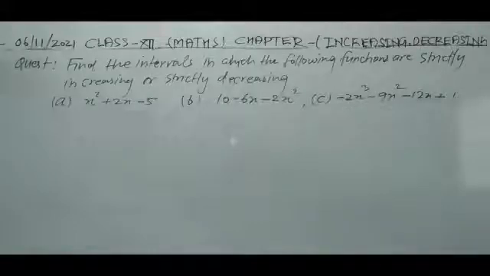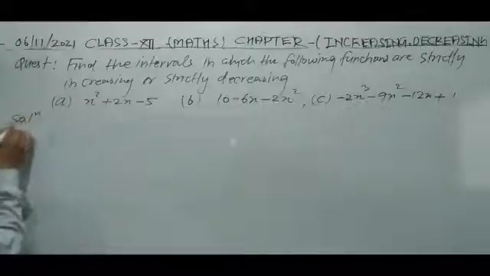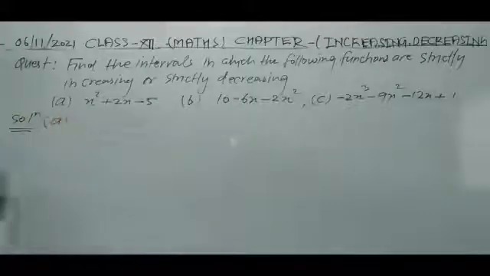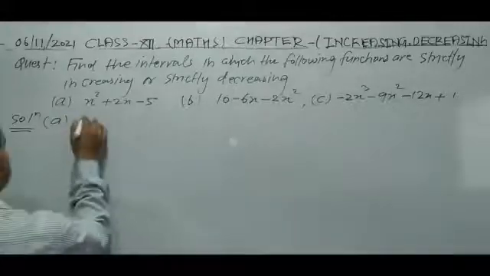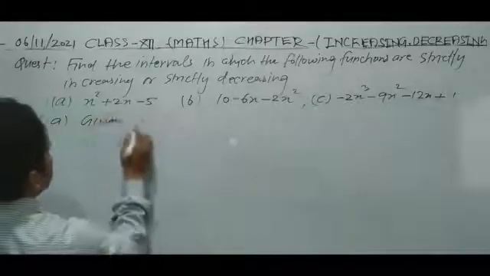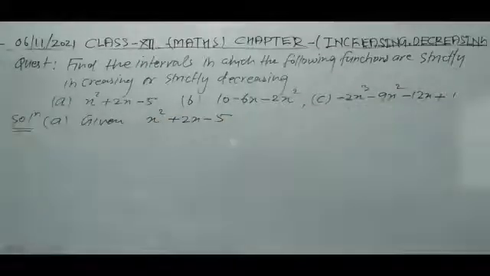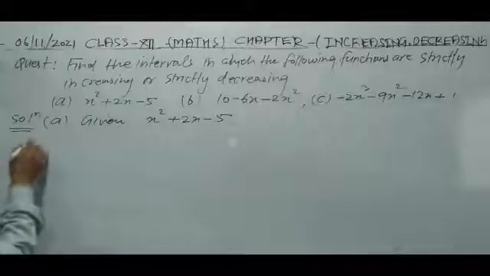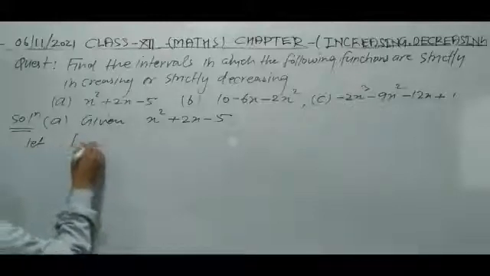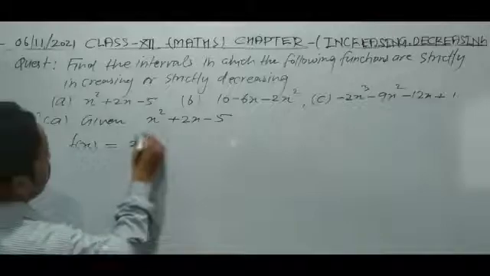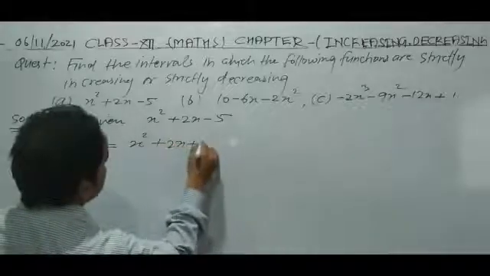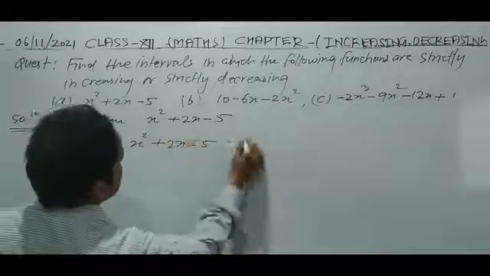So first of all I will solve the first part. See the solution. A part, given x square plus 2x minus 5. So this is the given curve, and we are going to consider f(x). Let f(x) is equal to x square plus 2x minus 5, consider equation 1.